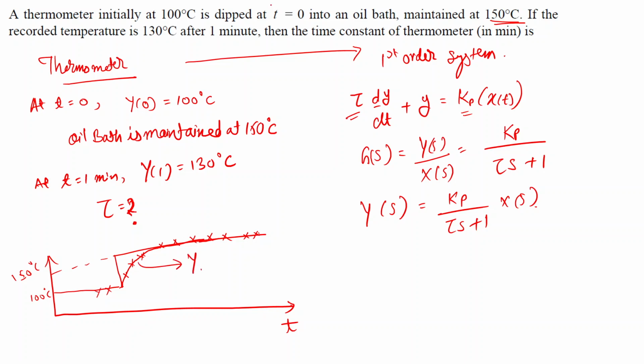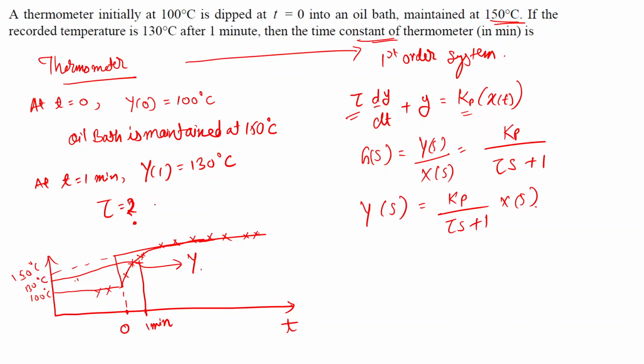Here, let's consider this as 0 minute and this as 1 minute. And at 1 minute we have been given that the recorded temperature is 130 degrees Celsius. And we have to find the time constant of the thermometer.